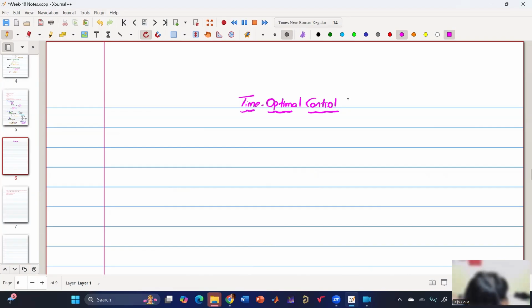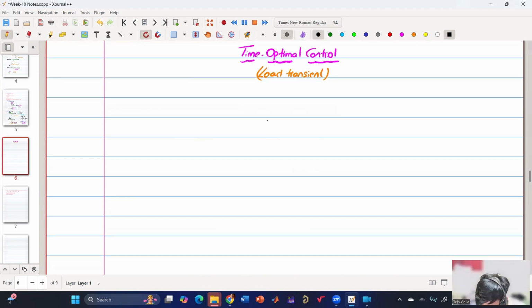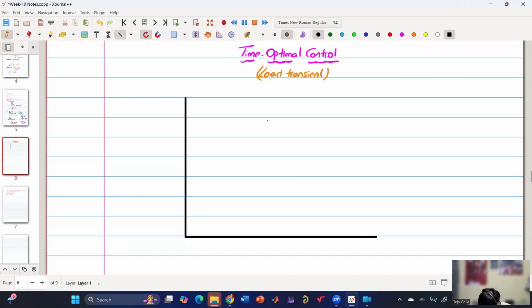So first I'm considering load transient. So this is my IL and this is my capacitor voltage VC.